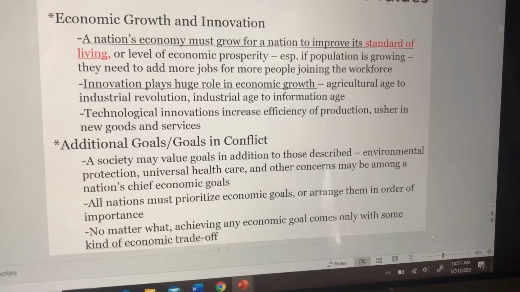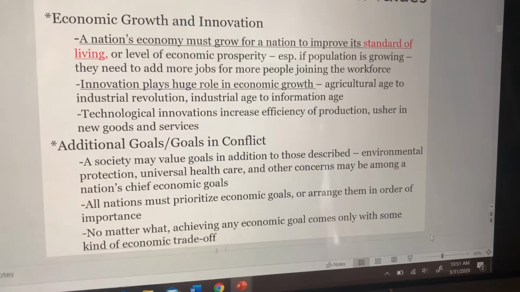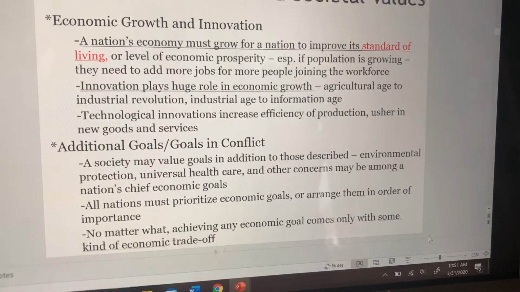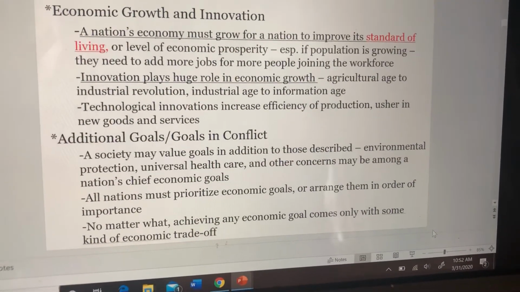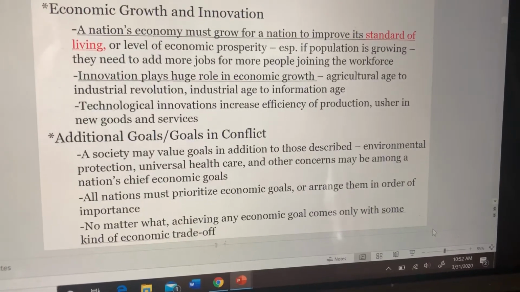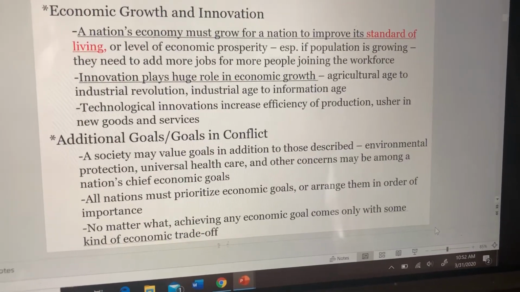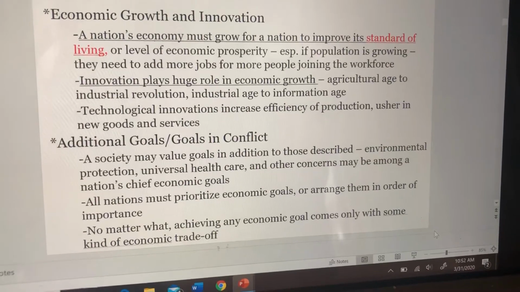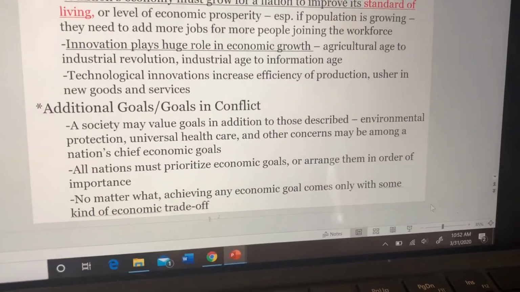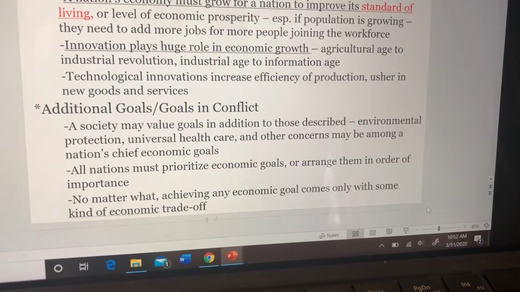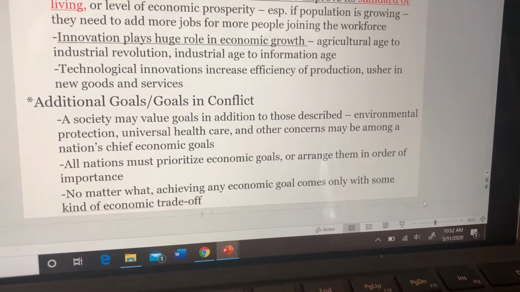If your nation's economy is shrinking instead of growing, not necessarily for a week, a month, or a year, but over a prolonged amount of time, that could signal problems for that country, right? So you always want the economy to grow. And then, of course, there'll always be additional goals, environmental protection, universal health care.